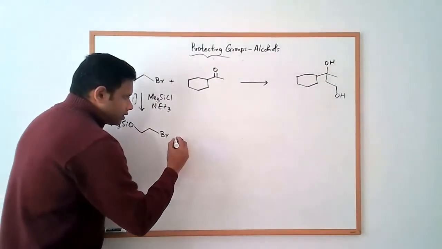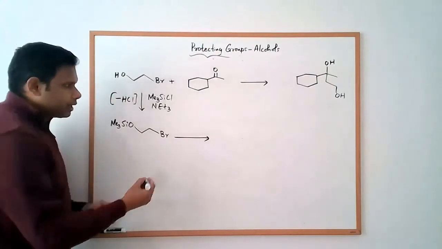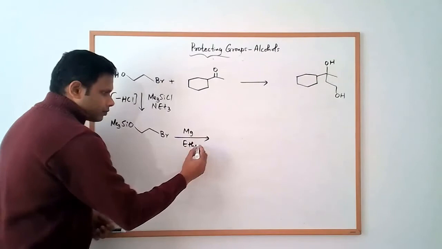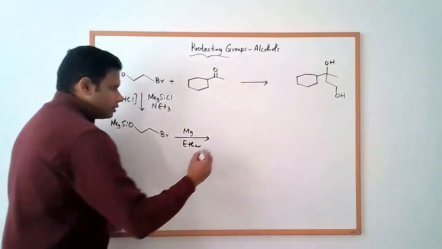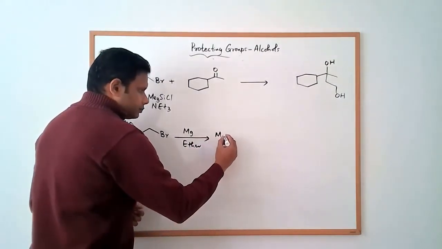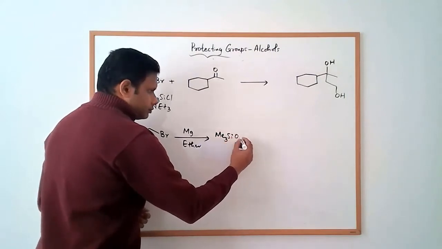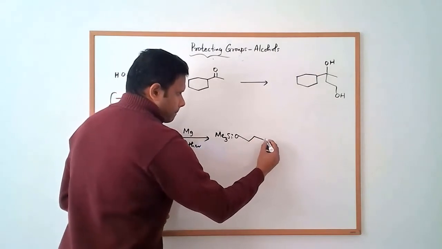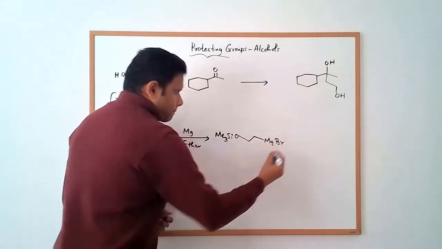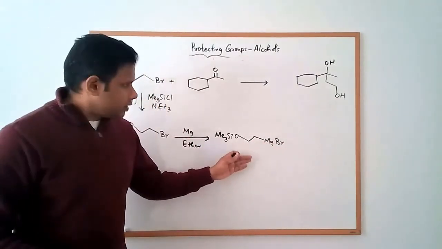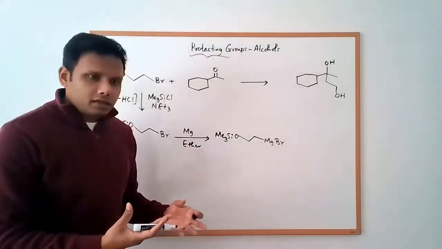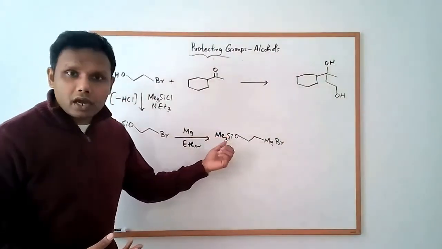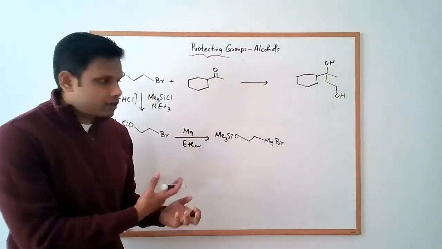And now from here, I could make the Grignard, because if I react this with magnesium and ether, now I can make a Grignard reagent. And this Grignard is going to be stable, because we got rid of the hydroxyl group, the acidic hydrogen, which was there previously.